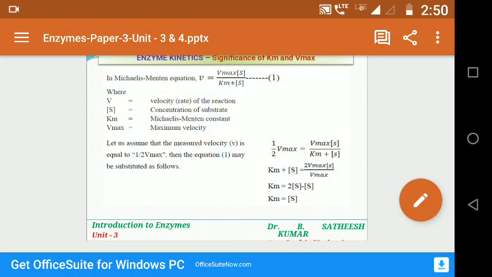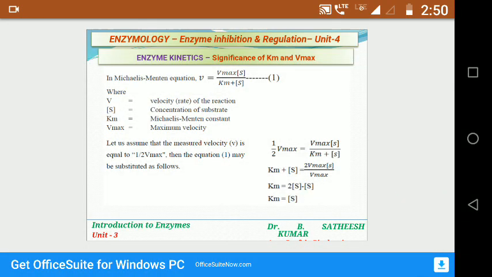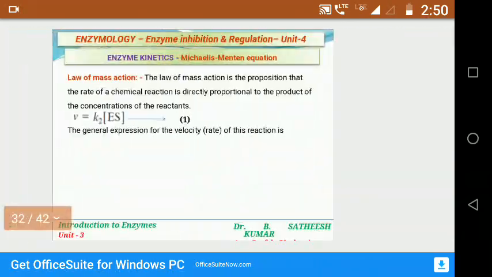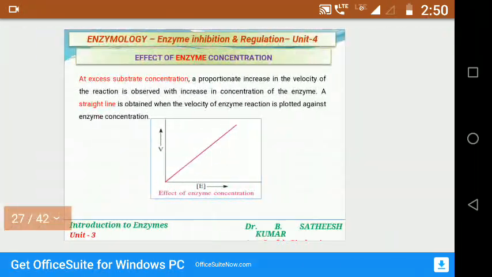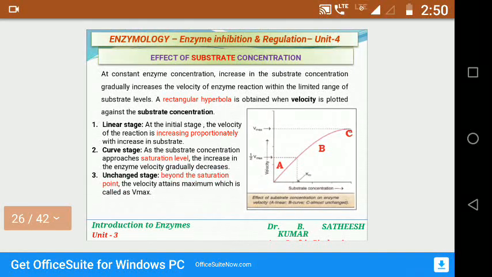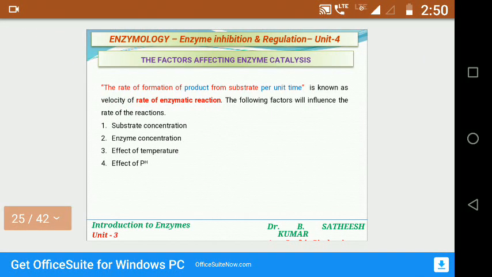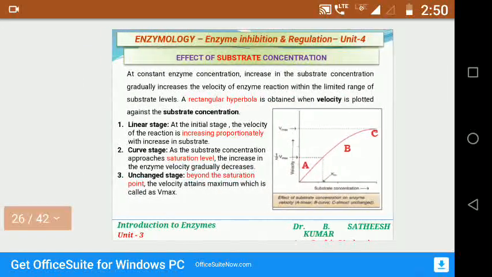So in this video lesson, we have covered the factors affecting enzyme activity. First of all, we have discussed the factors affecting enzyme activity. We have four different factors: first one is substrate concentration, second one is enzyme concentration, third one is effect of temperature, and fourth one is the effect of pH.